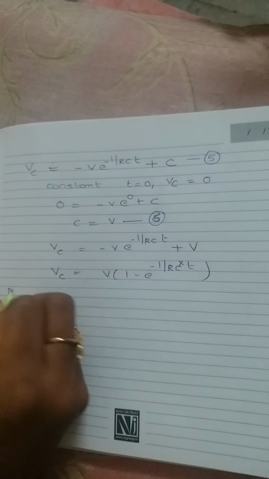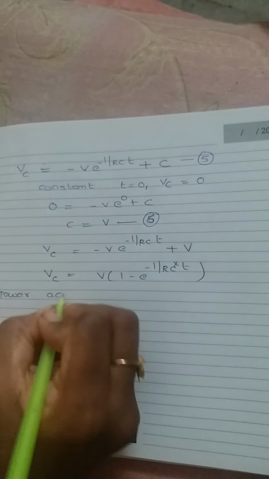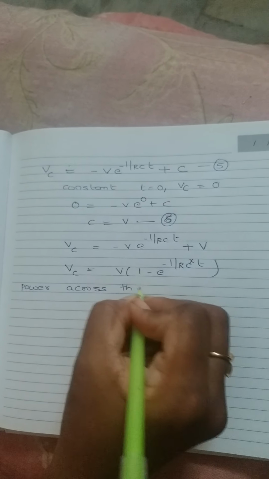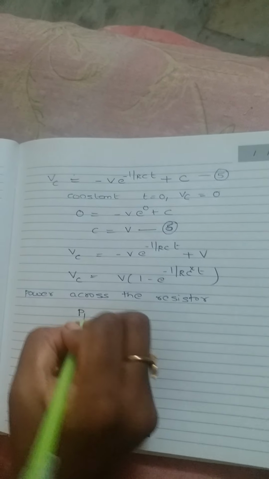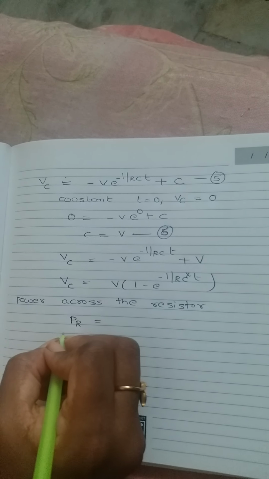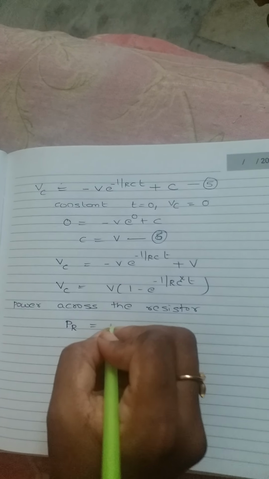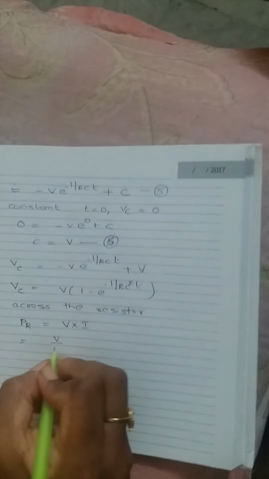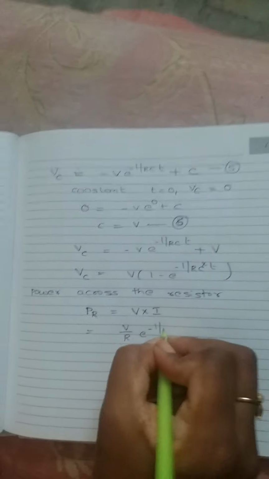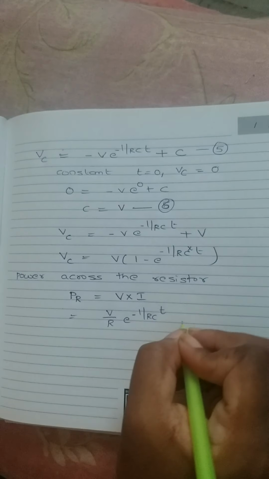Now we have to find the power across the resistor. We know the formula, PR is nothing but power across the resistor. The formula for power is V into I. Here I is nothing but V by R e power of minus 1 by RC into t.